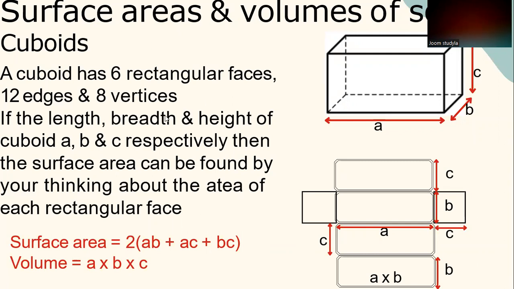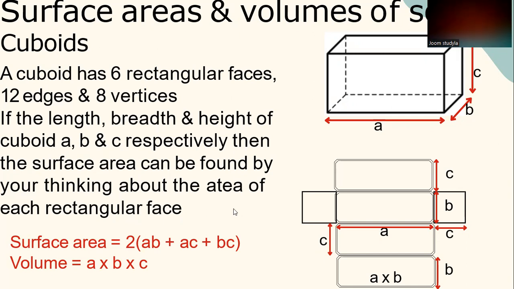So if the length, breadth, and height of the cuboid are A, B, and C respectively, then the surface area can be found by thinking about the area of each rectangular surface.